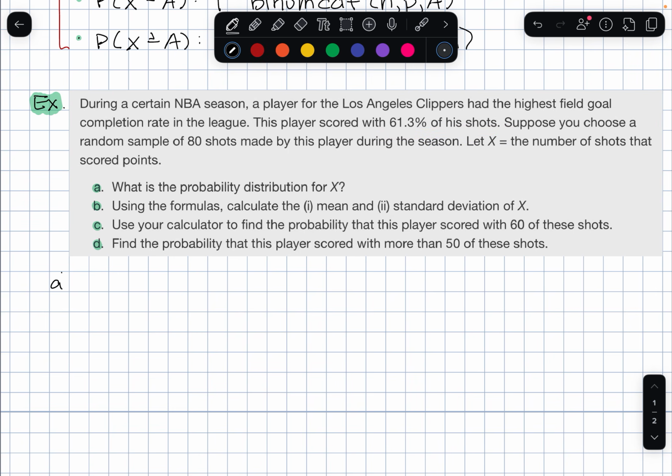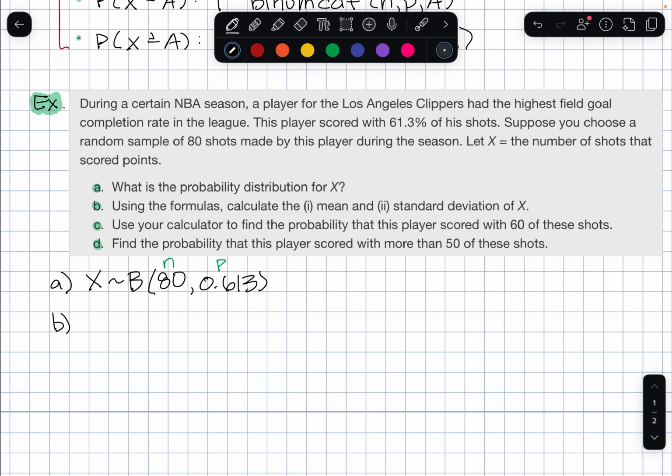So this is definitely a binomial distribution with 80 trials and a probability of success of 0.613. Because remember, we always do this as N and P. So number of trials, proportion of successes, or probability of success.